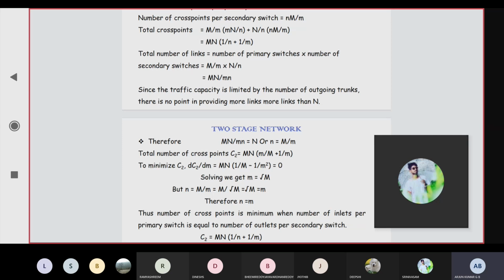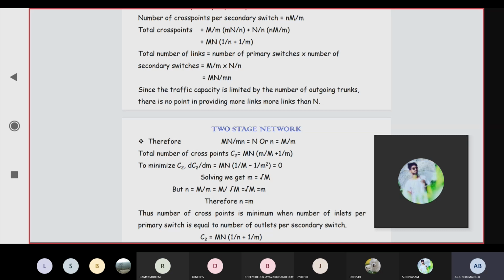When you solve the above equation, we'll get small m is equal to square root of M. Suppose you consider MN goes to the other side, we get multiplied with zero, so 0 only. Then we'll get 1 by M minus 1 by m square. We'll take 1 by m square to the other side, we'll get 1 by M is equal to 1 by small m square.